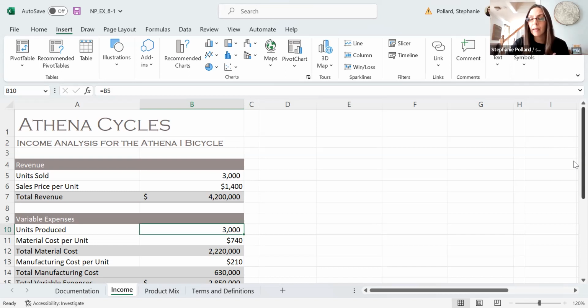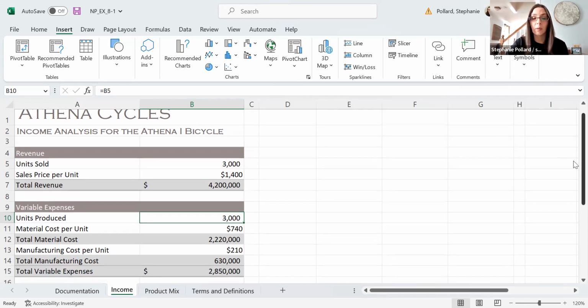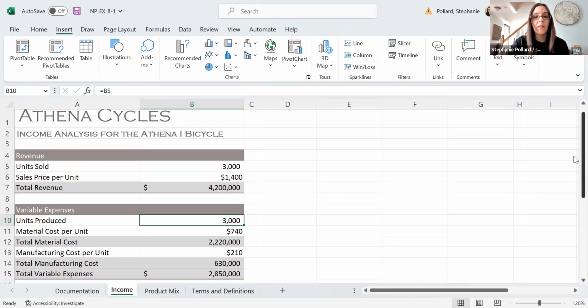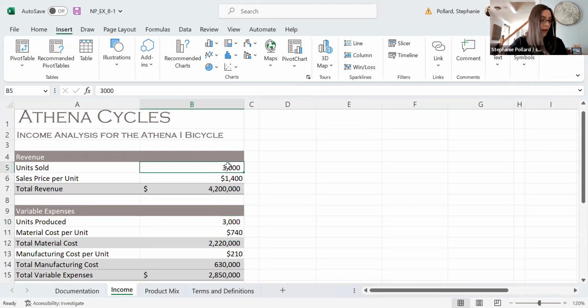By using formulas in as many places as possible, it allows us to play around. One way that you can do a very basic what-if analysis is to just play around with your numbers. So for instance, if we make and sell 3,000 units, our profit is about 193,000. What if I only make and sell 2,000 units though?